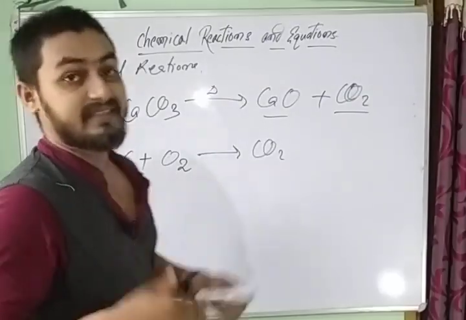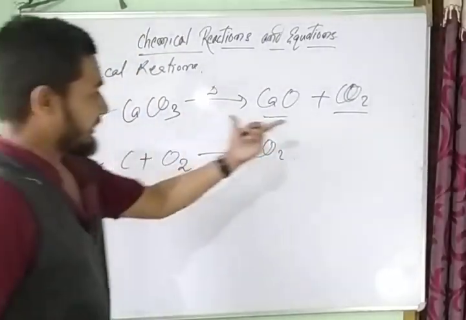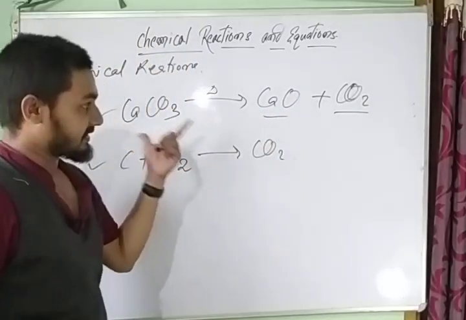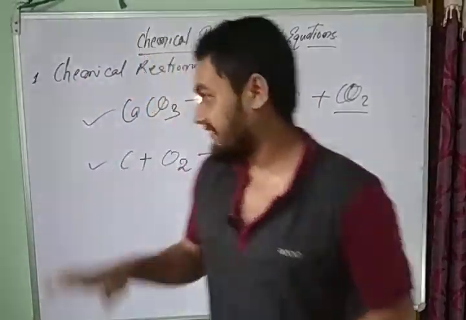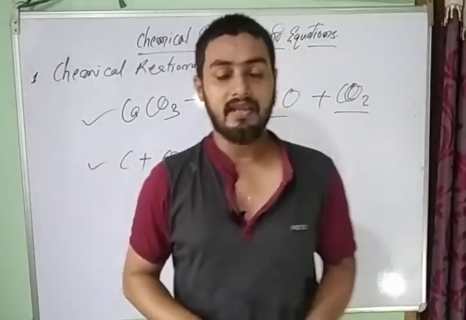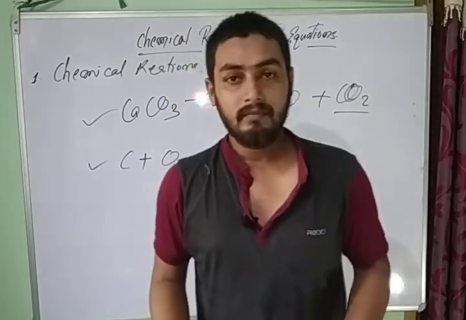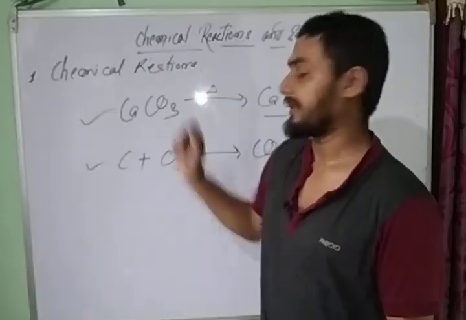The substance which changes to form the product is called the reactant, and the substance which is formed after the change is called the product. So the definition stands as: the process in which one set of chemical substances transforms into another set of chemical substances is called a chemical reaction.